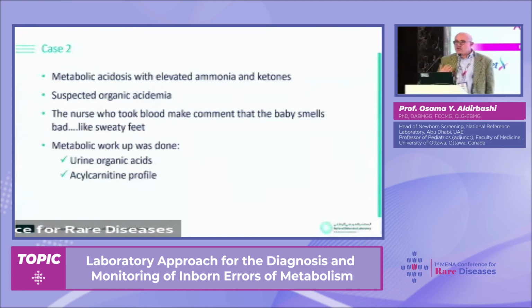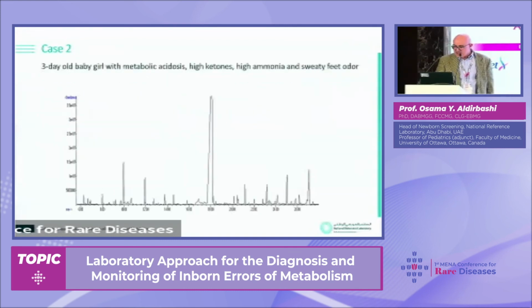Now, to confirm isovaleric acidemia, we look at urine organic acids and acylcarnitines. This is the organic acid profile. You see the huge peak here of isovalerylglycine, which is the characteristic, pathognomonic marker for isovaleric acidemia.